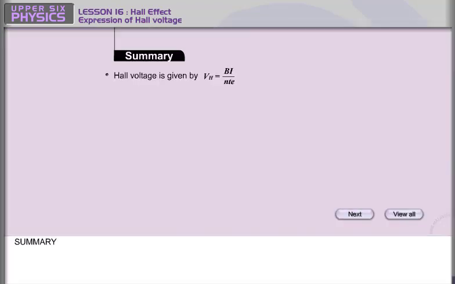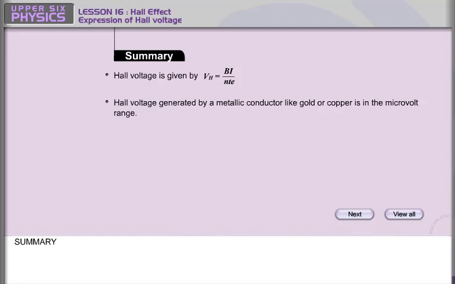Summary. Hall voltage is given by V_H equals BI over NTe. Hall voltage generated by a metallic conductor like gold or copper is in the microvolt range.